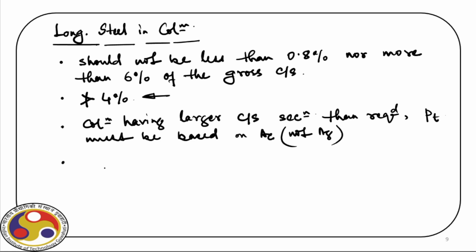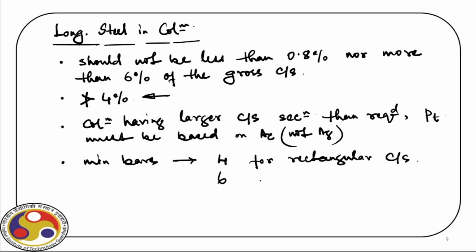Now for a column cross section, there must be a minimum number of bars, which is 4 for rectangular cross section and 6 for circular cross section.